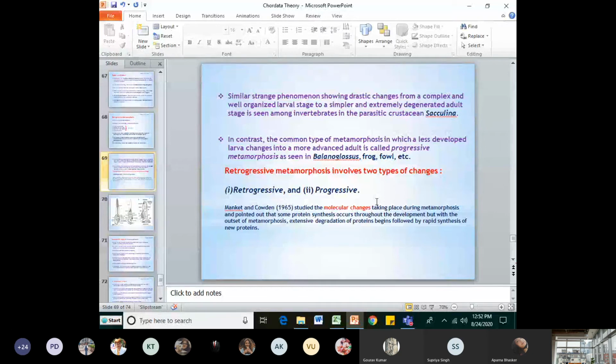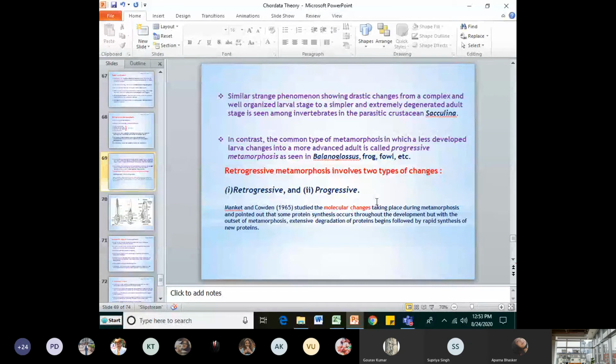Mankate and Cowden in 1965 studied the molecular changes taking place during metamorphosis. I was telling you about this phenomenon, the molecular changes which are controlled by special proteins being synthesized in the larval body during metamorphosis.